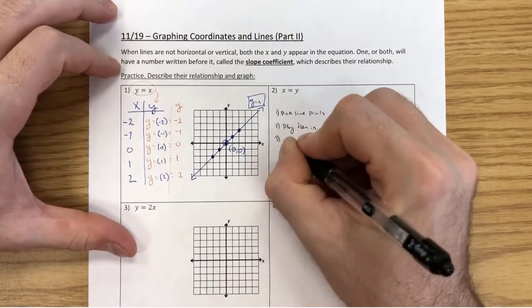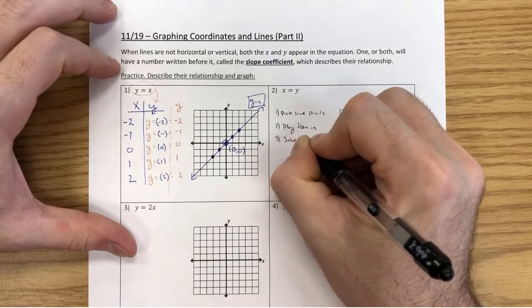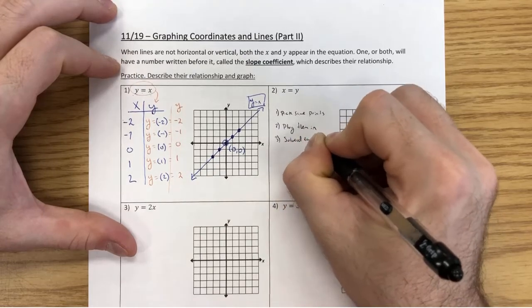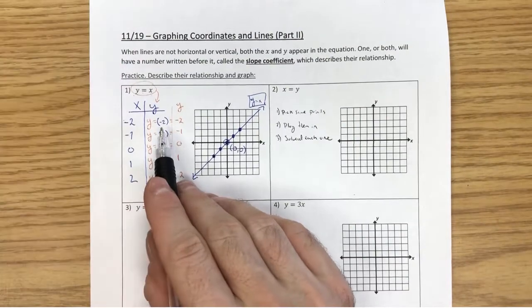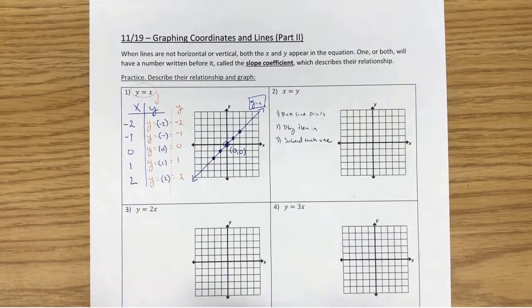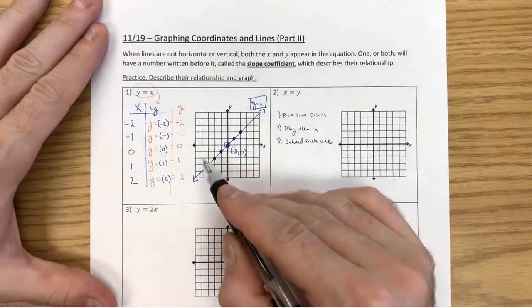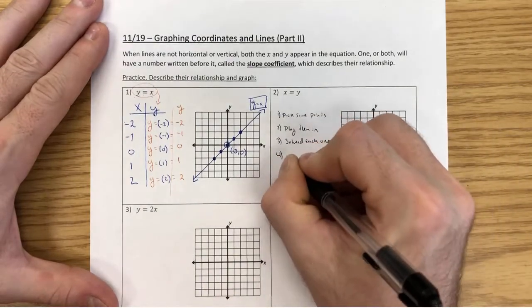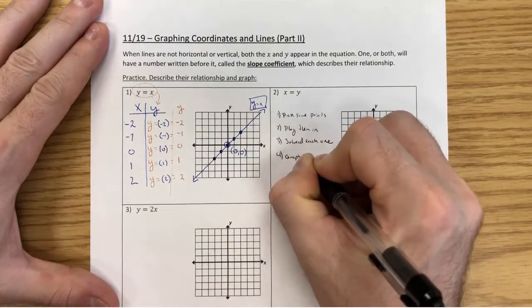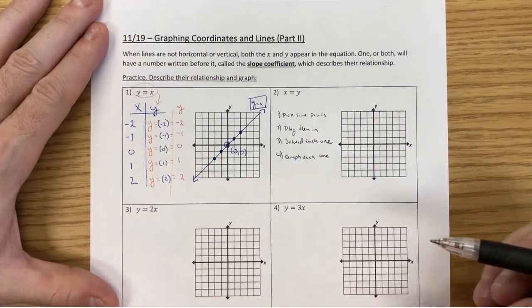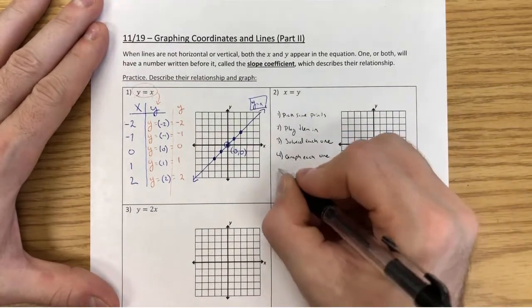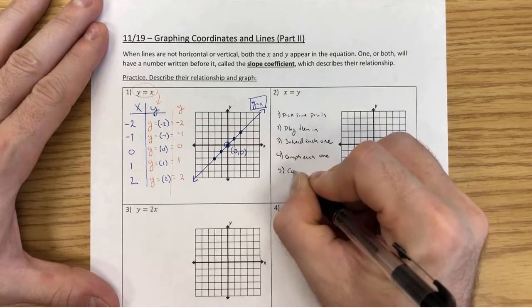The third thing that we did was we solved each one. With this one, it was just as simple as, what is -2? It's -2. The next thing we did was we graphed each point. We put them on a graph, and we noticed they're making a straight line, which brought us to step 5.